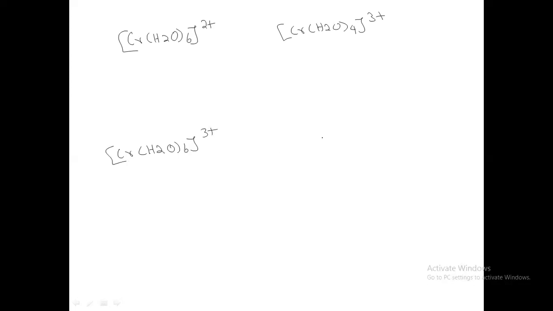As I said earlier, we take the example of chromium water complexes: [Cr(H2O)6]2+, [Cr(H2O)4]3+, [Cr(H2O)6]3+, and [Cr(H2O)6]4+. I am just taking water as an example.